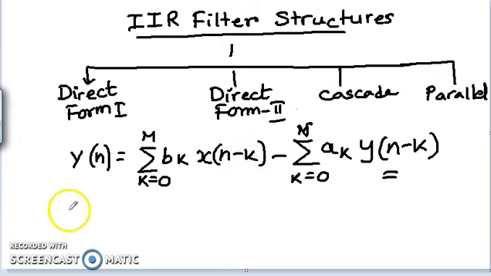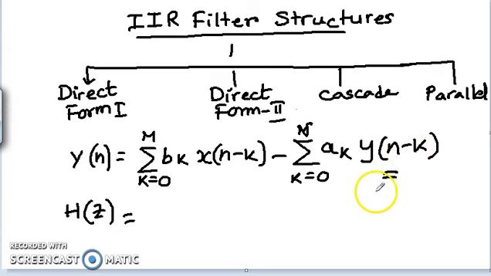From that we can get the generalized equation of the transfer function. If I go for the Z transform, it will be Y(z) equal to the summation of b_k z to the power minus k of X(z). Similarly here also we will get z to the power minus k of Y(z).